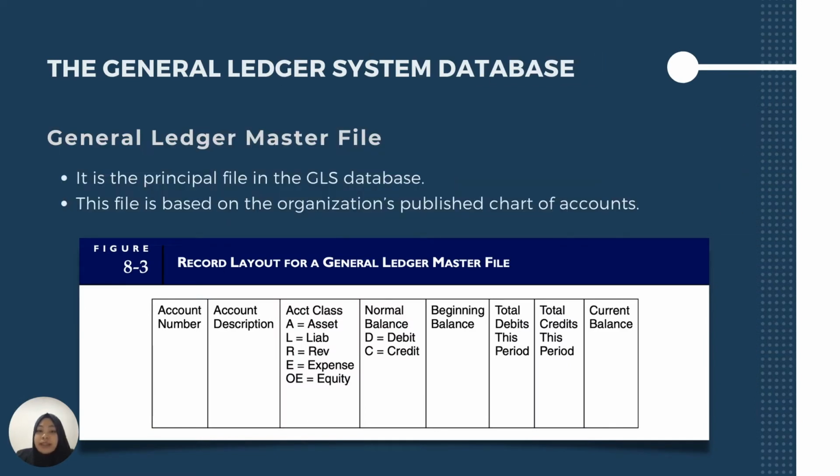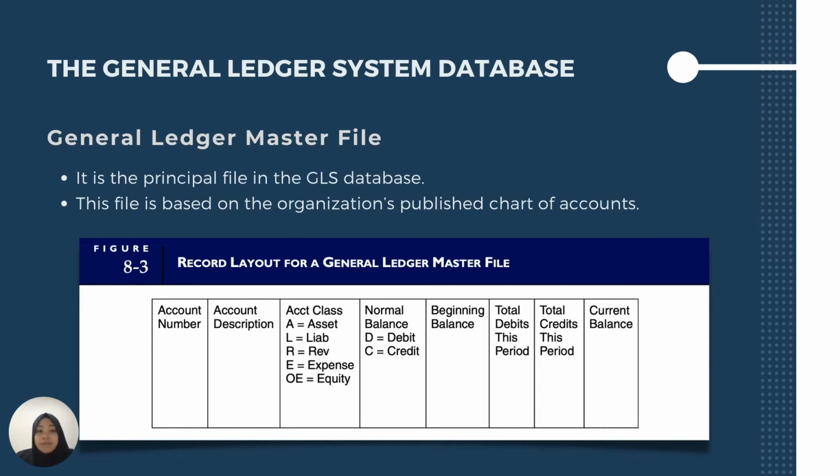So what is a general ledger master file? These are some of the examples of the general ledger system database. First, the general ledger master file. It is the principal file in the GLS database.